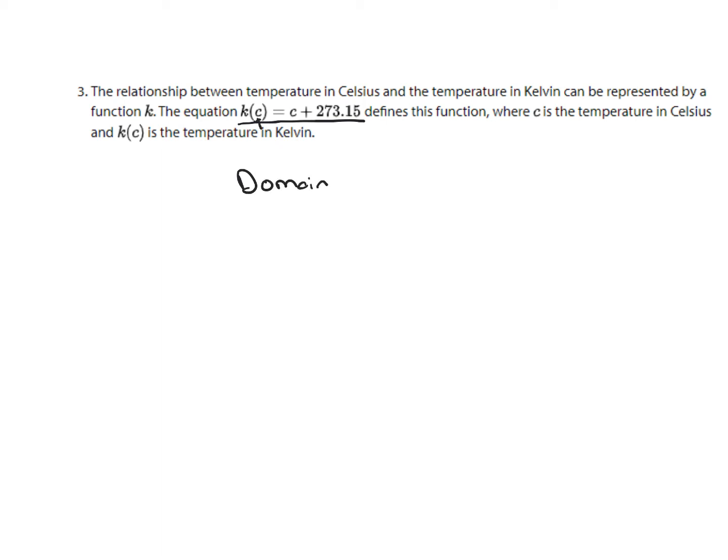Because that's right there. Temperatures can be positive, they can be negative, they can be fractions, they can be decimals. Okay, so I can just say my domain is all numbers. And my range will also be all numbers.